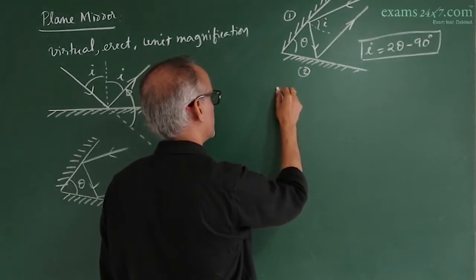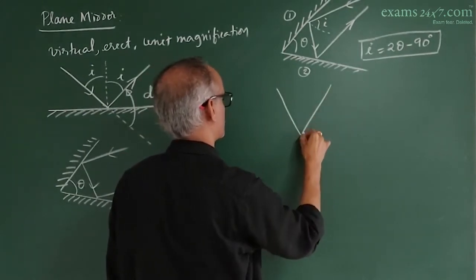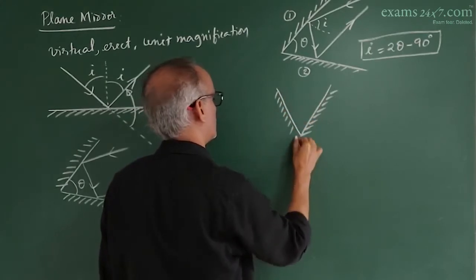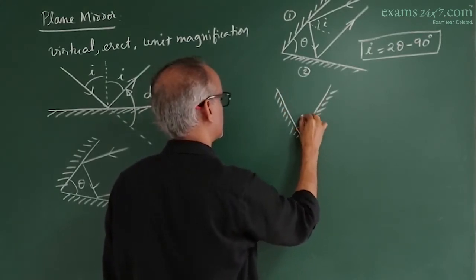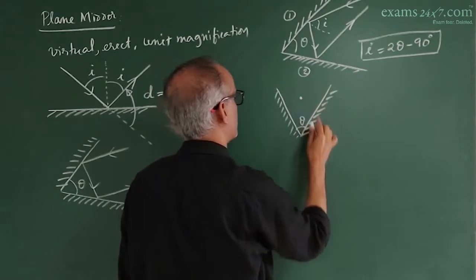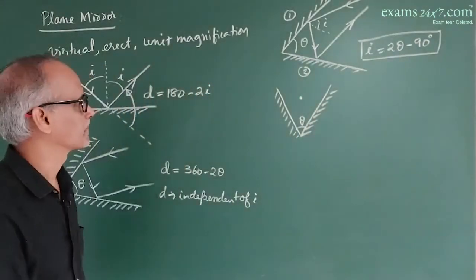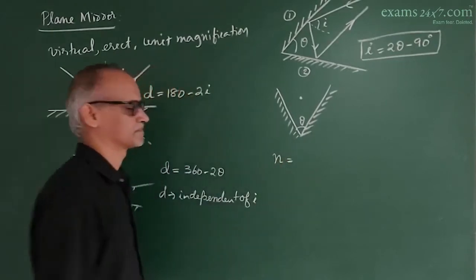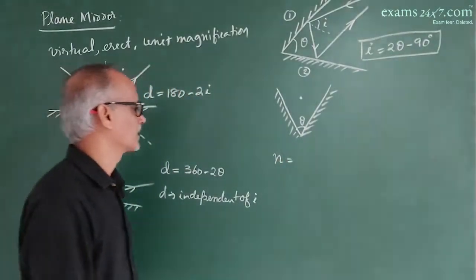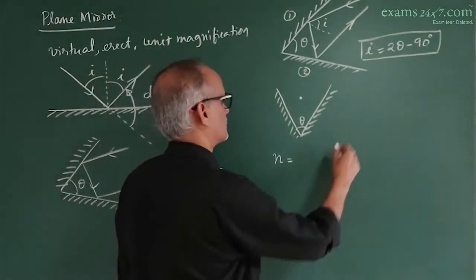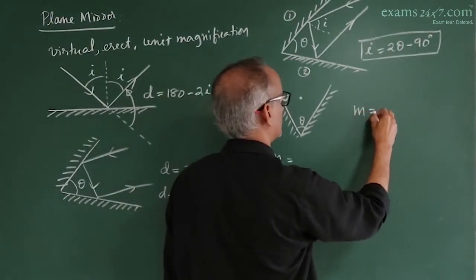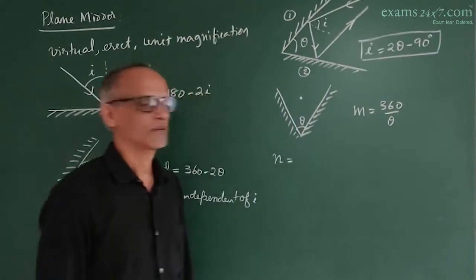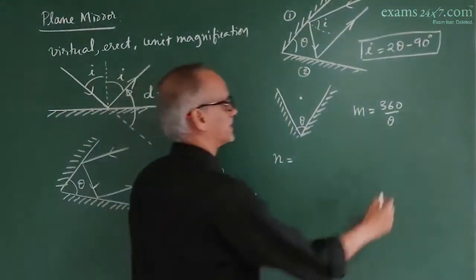If two mirrors are placed at an angle theta, and if an object is placed between them, then the number of images formed, n, can be found first by finding the ratio 360 degrees by theta.